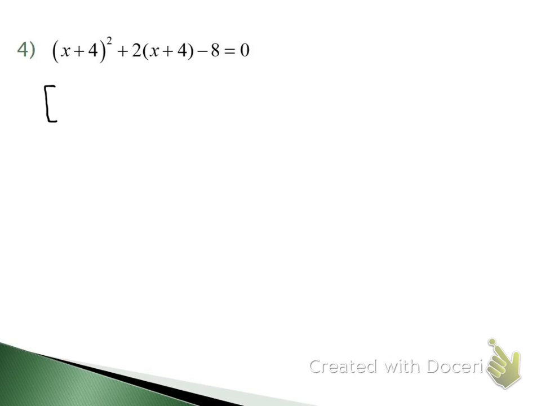We recognize this may factor into 2 binomials. Isn't x plus 4 times x plus 4 a quantity squared? So I'm going to write x plus 4, and I'm going to write x plus 4. And then you look at factors of 8, where your outer and inner add up to be positive 2 x plus 4s.